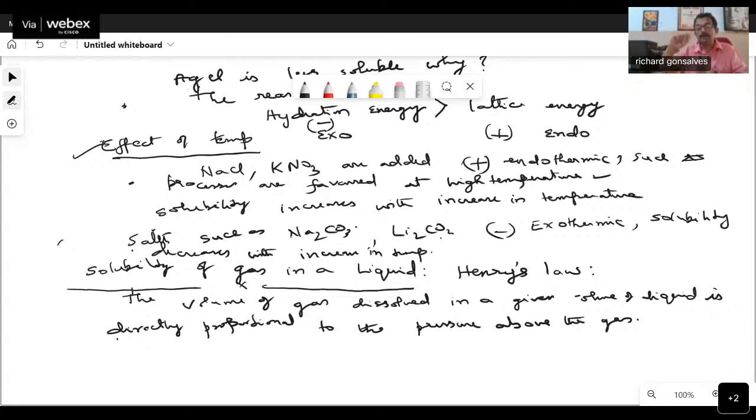Why? When you open the soda bottle, the pressure inside is more, and the pressure outside is 1 atmosphere. Only under pressure it was soluble. Now when you release the pressure, gas will come out. Solubility decreases. As you increase the pressure, solubility increases. As you decrease the pressure, solubility decreases.